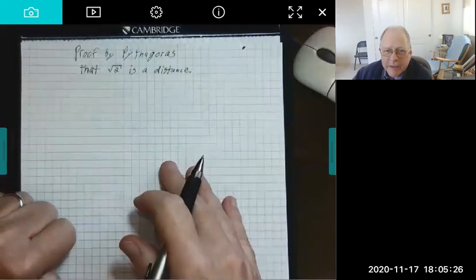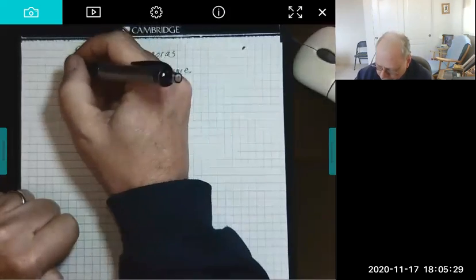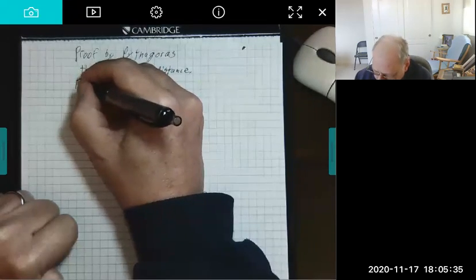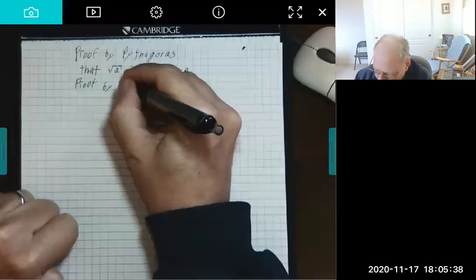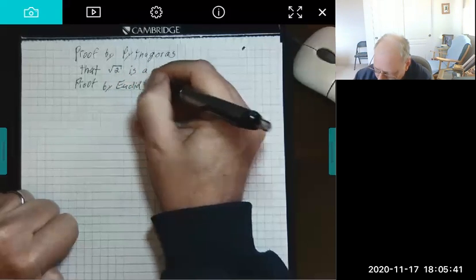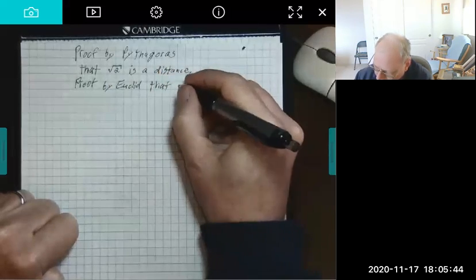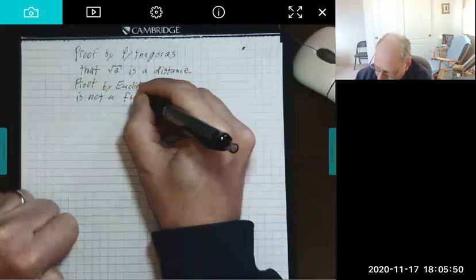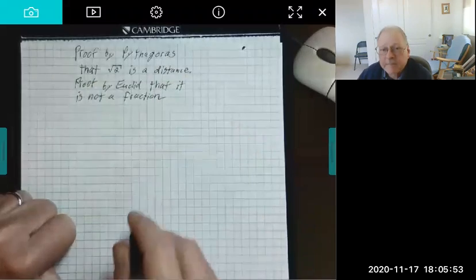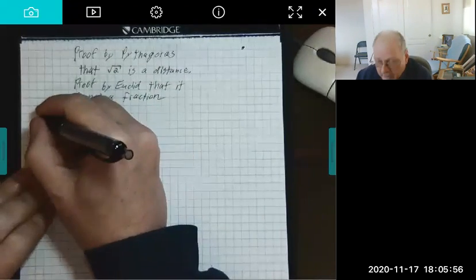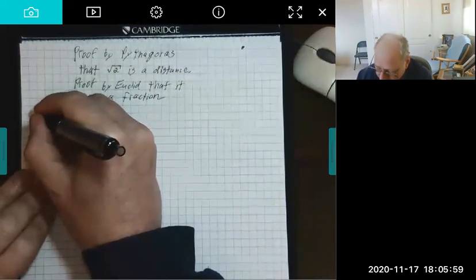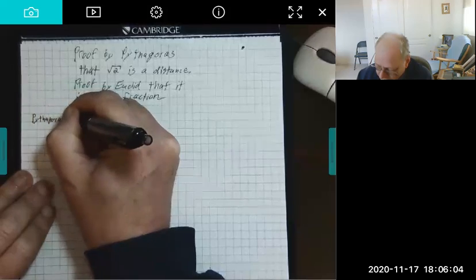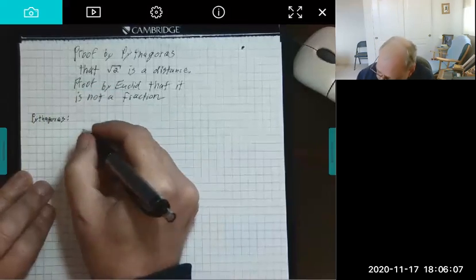And then there's a proof by Euclid that this distance is not a fraction. So here's how Pythagoras was thinking. And this is real short and easy.